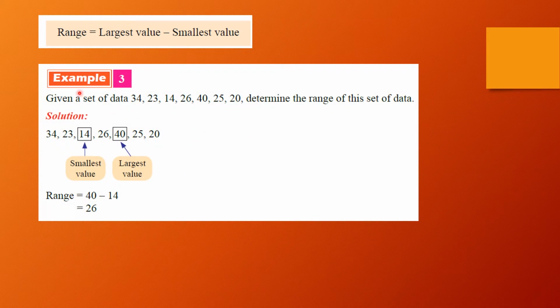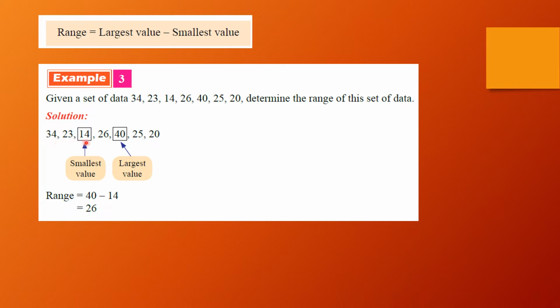So you can refer to your textbook at page 219, example 3. Given a set of data 34, 23, 14, 26, 40, 25, 20, determine the range of this set of data. So range is the largest value minus the smallest value.